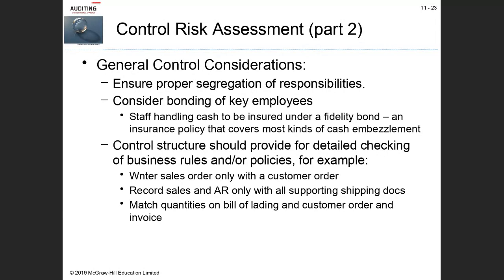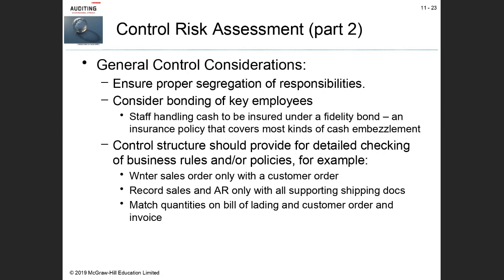On this PowerPoint, they talk about segregation of duties, or segregation of responsibilities. There should be segregation of responsibilities in each of the cycles: in Chapter 11, revenue, receipts, and receivables; in Chapter 12, purchases, payments, and payables; and Chapter 14 is about payroll. In each of these cycles, there should be proper segregation of duties.